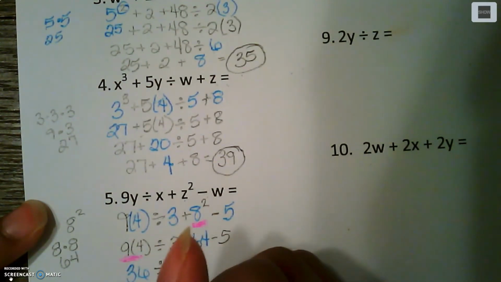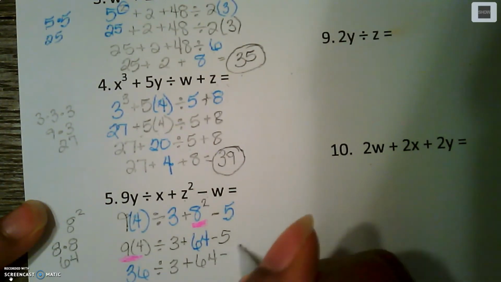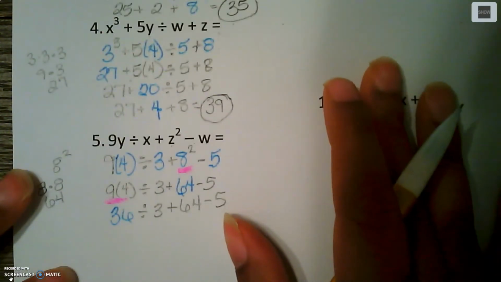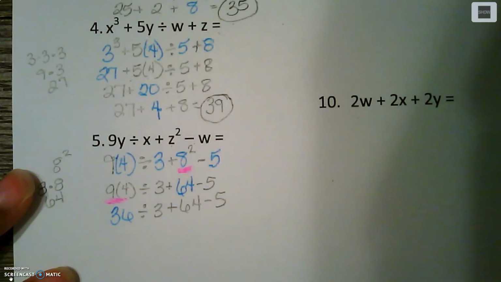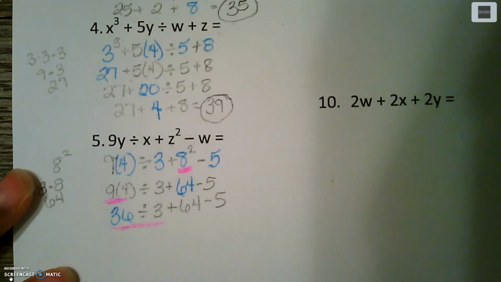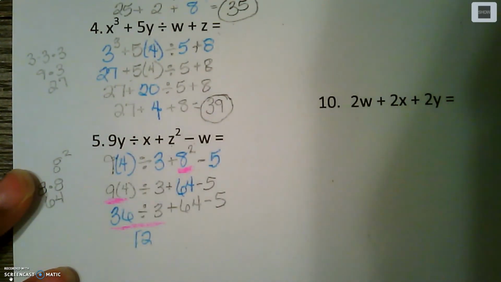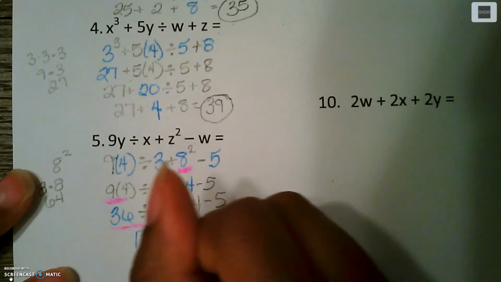So 36 divided by 3 plus 64 minus 5. The next operation I'm going to do is 36 divided by 3, which gives me 12. And then I'm going to rewrite everything else.